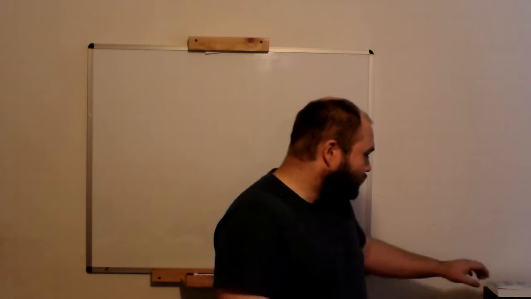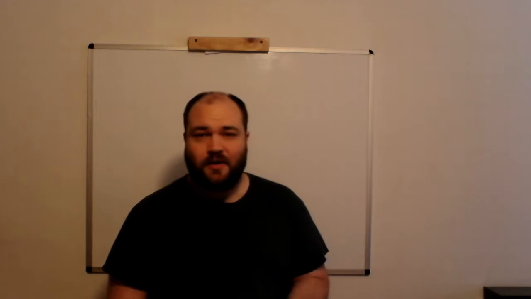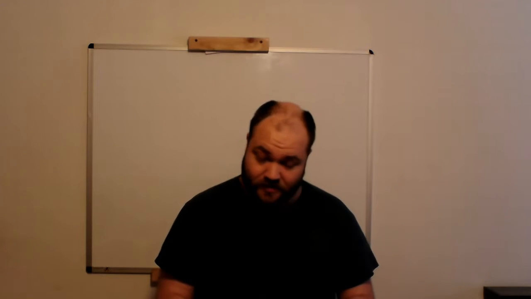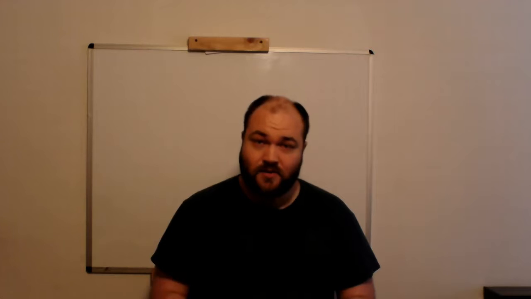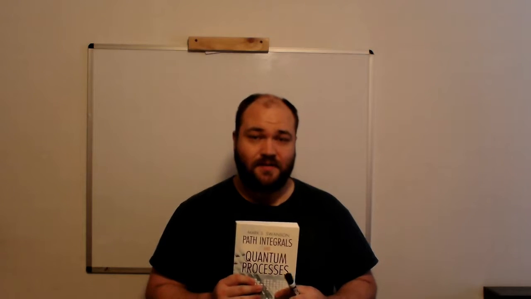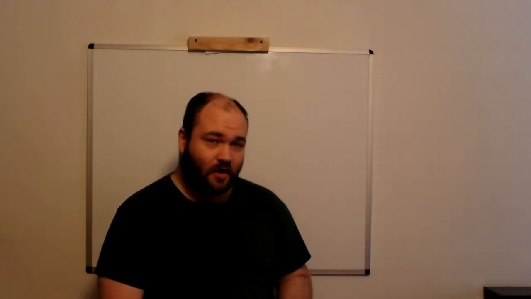Hey guys, so I came across a new problem recently that I thought was very interesting and that you guys would like to see. The problem itself comes from path integrals and quantum processes. It's problem 1.3 in the book on page 6.